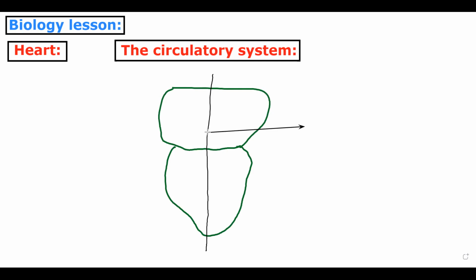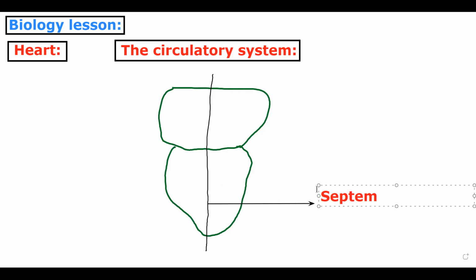That is basically the septum. Septum is the muscular wall that basically separates what? That separates oxygenated and deoxygenated blood.